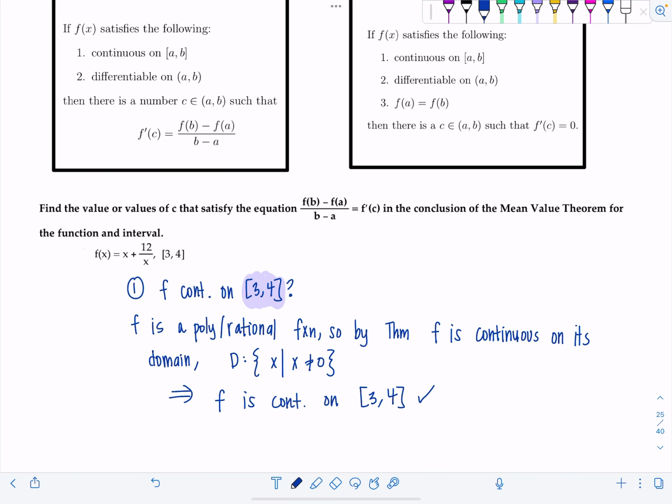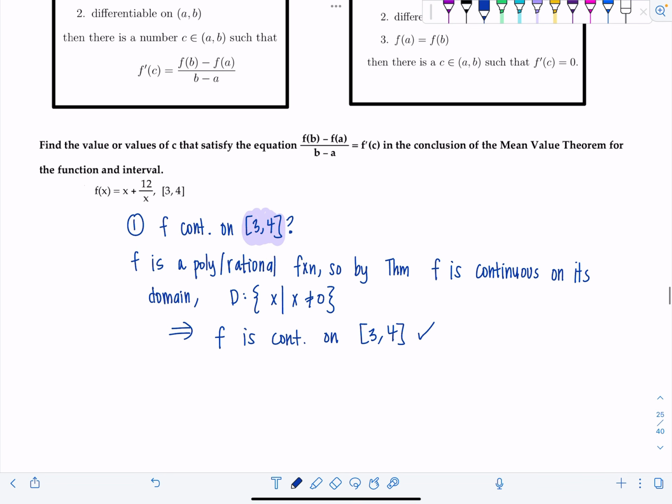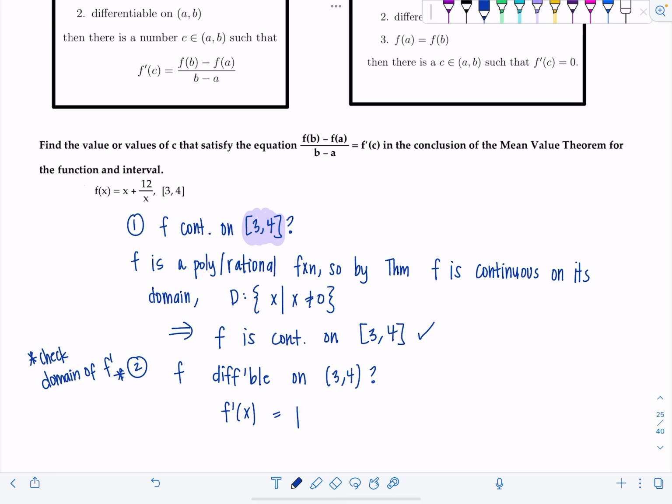We're good to go. How do I show that f is differentiable? You can do this cute little abbreviation, differentiable, on the open interval from 3 to 4. You check the domain of the derivative. So let's go ahead and do that. Let's take the derivative. So f prime of x, derivative of x is 1. What's the derivative of 12 over x? Can you do it in your head? 12 over x is 12x to the negative first, right?